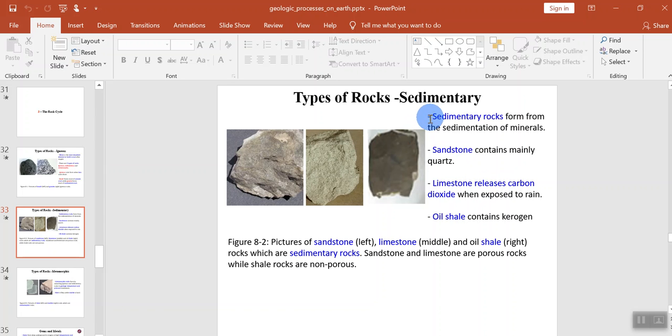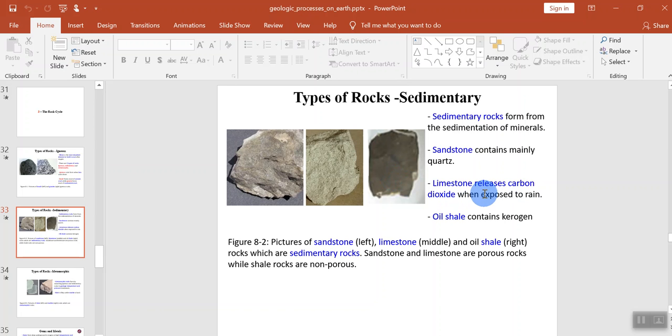So sedimentary, we're showing here sandstone, limestone, and shale. These two are porous, and this one is non-porous. Limestone releases carbon dioxide when it's exposed to water.